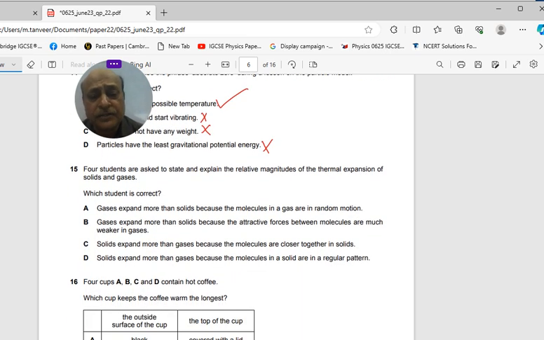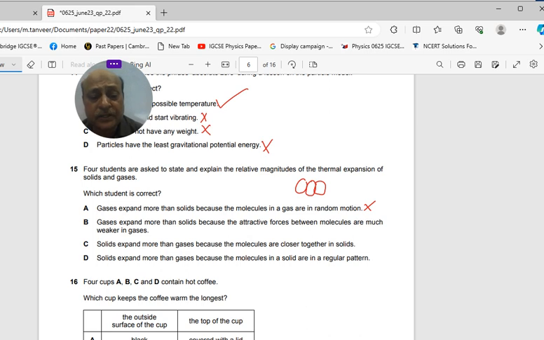Four students are asked to state and explain the relative magnitude of thermal expansion of solids and gases. Which student is correct? Gases expand more than solids because the molecules in gas are in random motion, no. Molecules in solids are tightly joined, for example H2O, its particles cannot move.